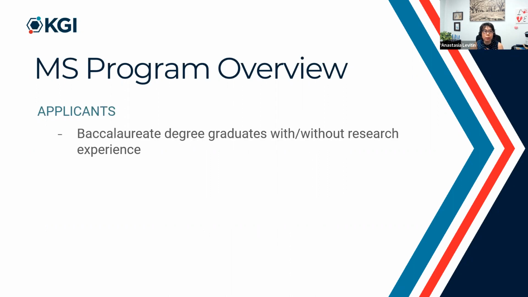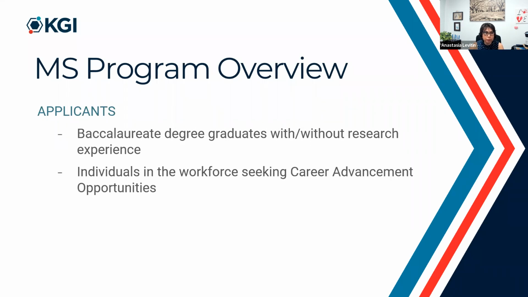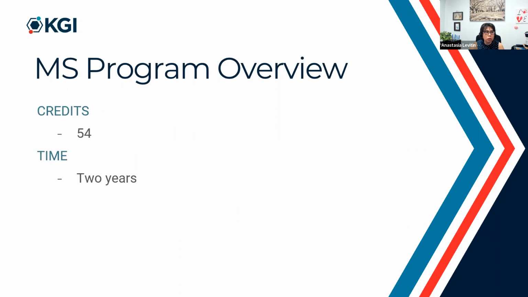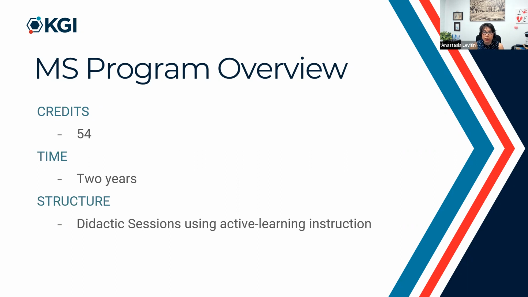So this program is designed for both undergraduate students with and without research experience, and for those who are currently in the workforce seeking career advancement opportunities. The MS in Applied Life Sciences is a 2-year, 54-credit program where students receive education through didactic theory courses, which use active learning pedagogy.